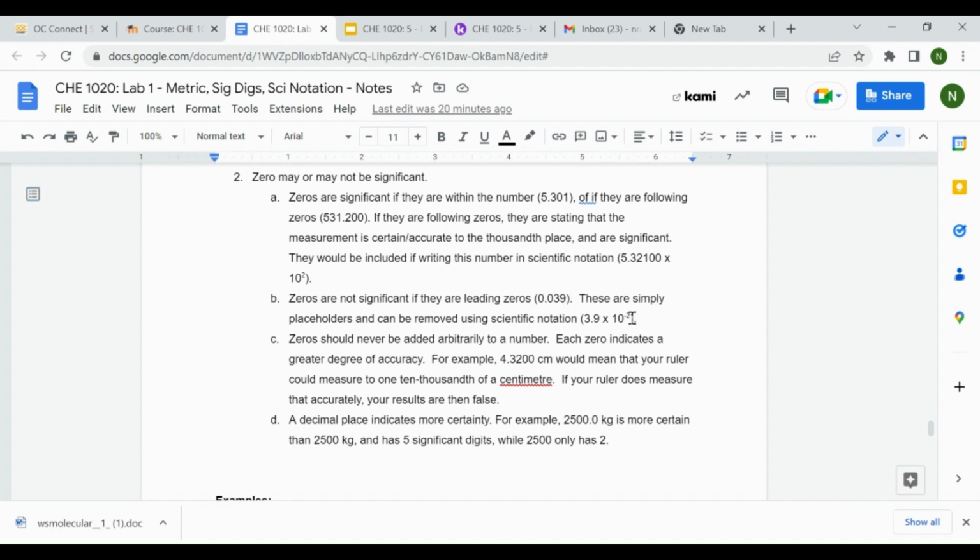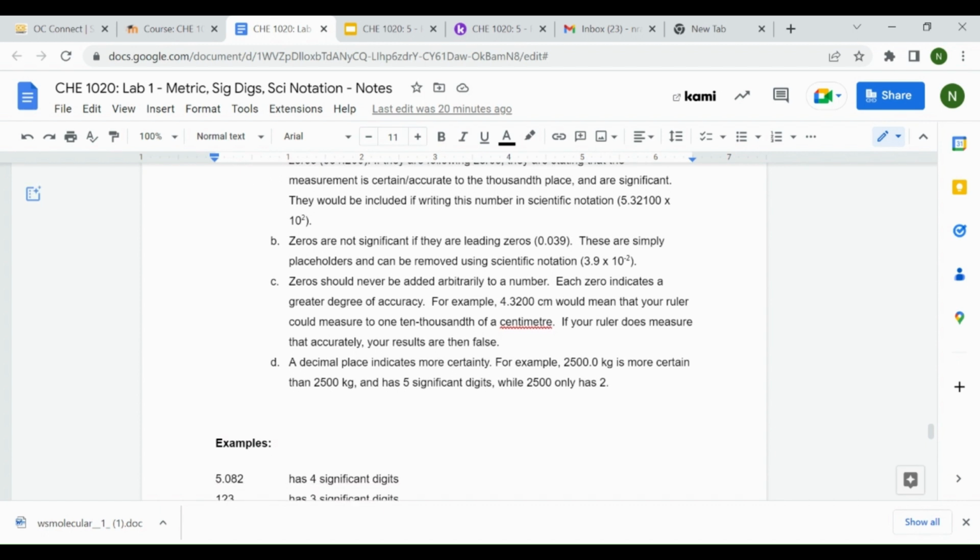I can rewrite this as 3.9 times 10 to the minus 2. The only function of the 0 was to tell us how far away from the decimal place these two numbers were. So zeros, called leading zeros, that are after a decimal point and before non-zero numbers are not significant. When we rewrite that in scientific notation, they drop off. This is just 3.9 times 10 to the minus 2.